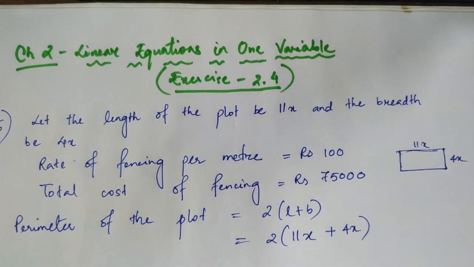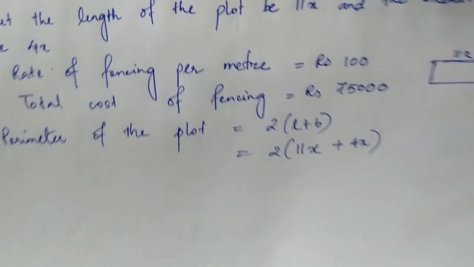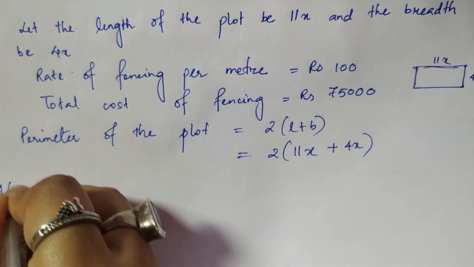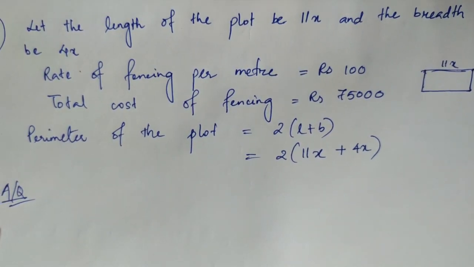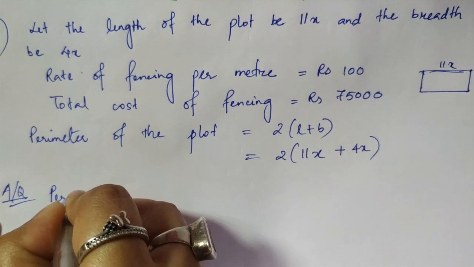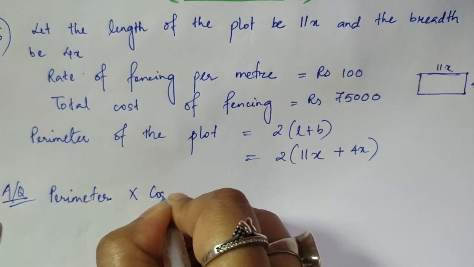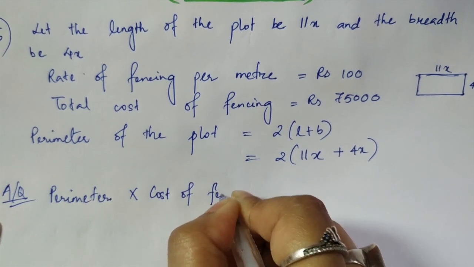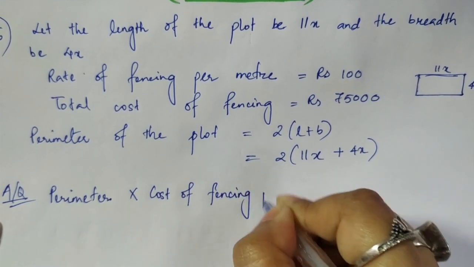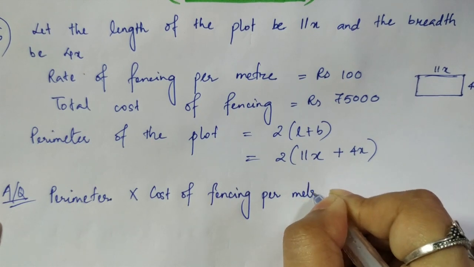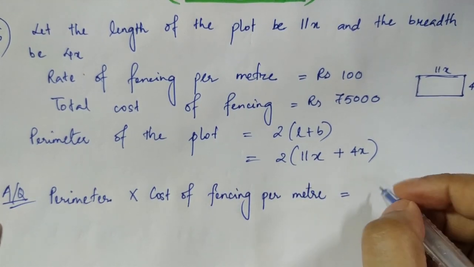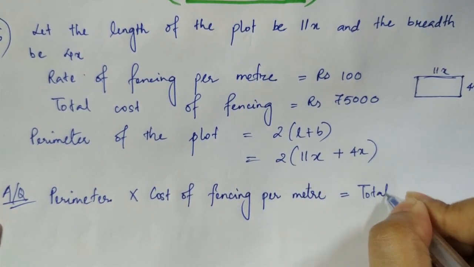So can we write our equation statement, according to the things given in the question: perimeter into cost of fencing per meter will be equal to the total cost, right?